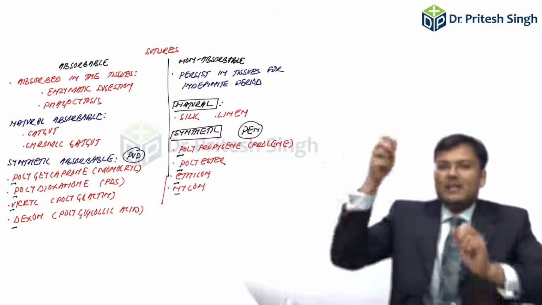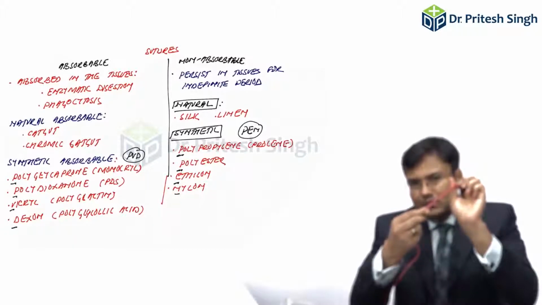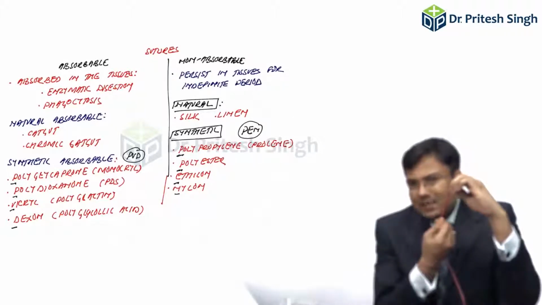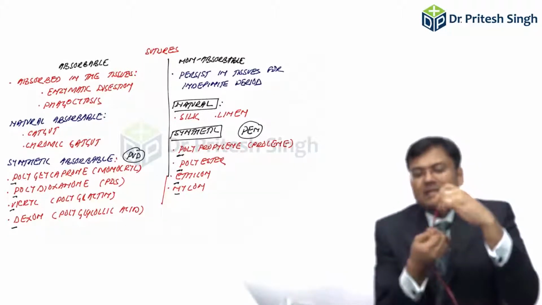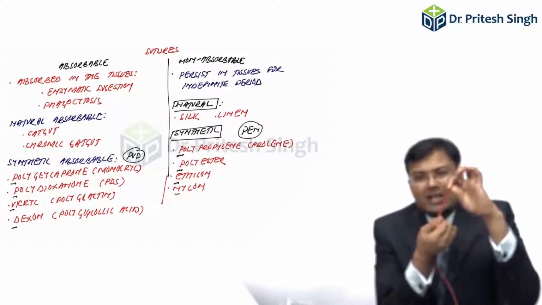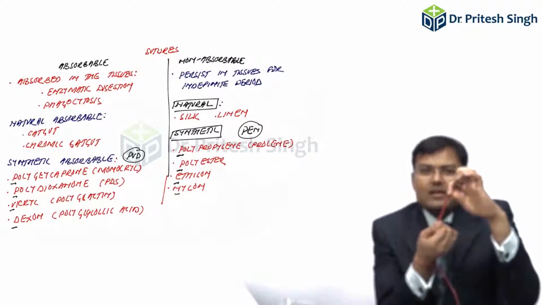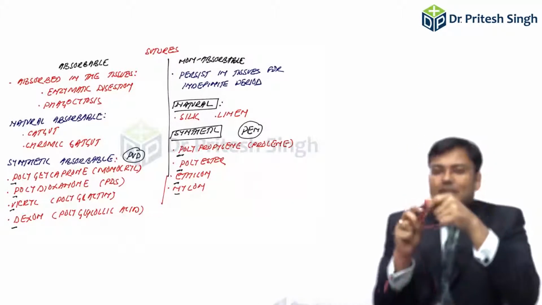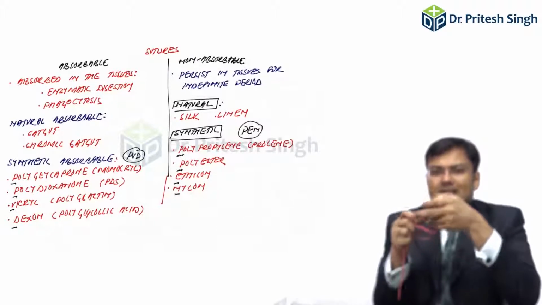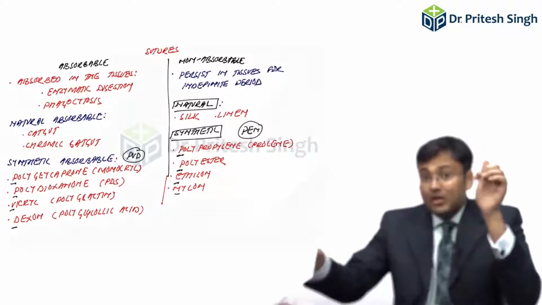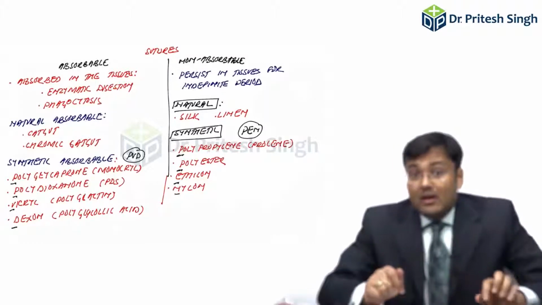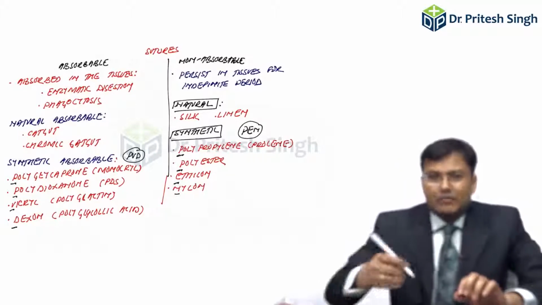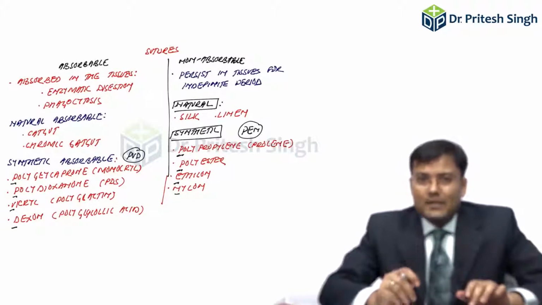So a polyfilament suture has multiple strands, and because of these there are spaces in between known as crevices. Advantage: the knots are very stable. But the disadvantage is an increased risk of infection. So have a look at the differences between monofilament and polyfilament sutures.